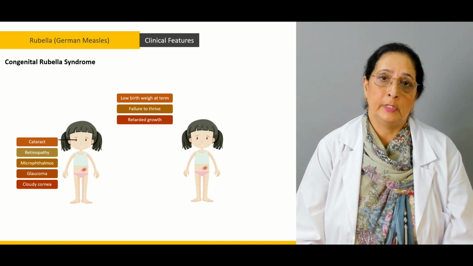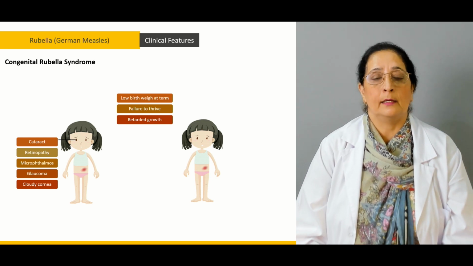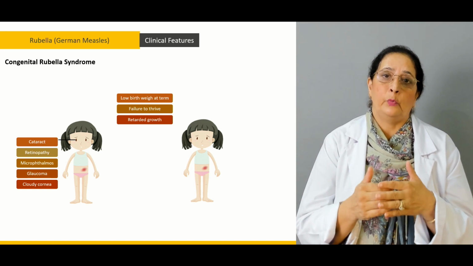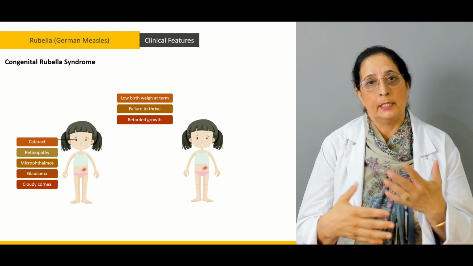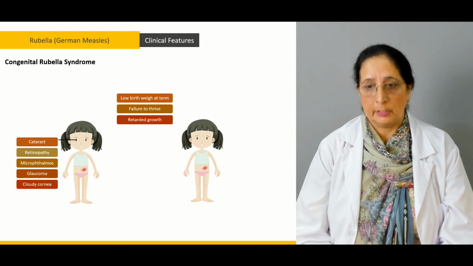Growth is retarded because of all these different complications that can occur. And babies who are low birth weight, it is itself a condition that can cause retarded growth and failure to thrive.